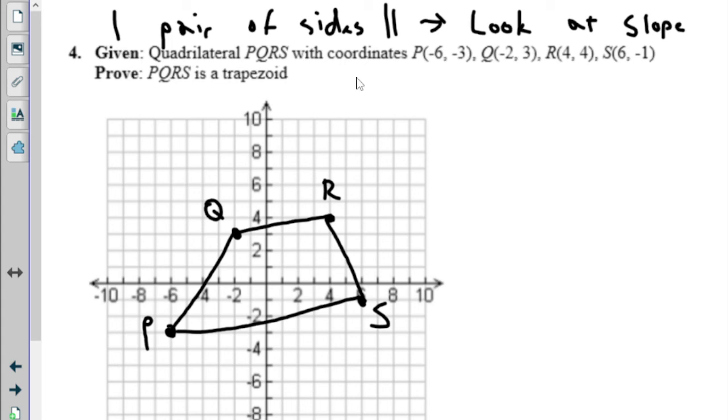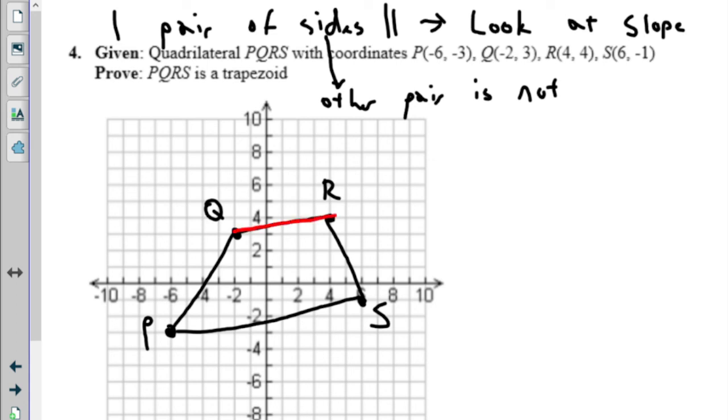Because remember, the parallel lines should have the same slope. And by the way, one pair being parallel means that the other pair is not. So let's make sure we keep a close eye on what formulas we should be paying attention to here.